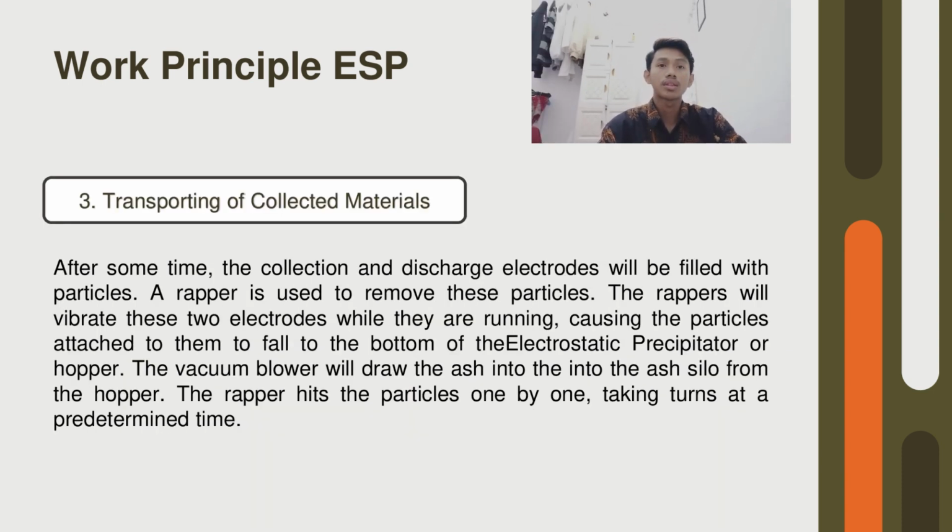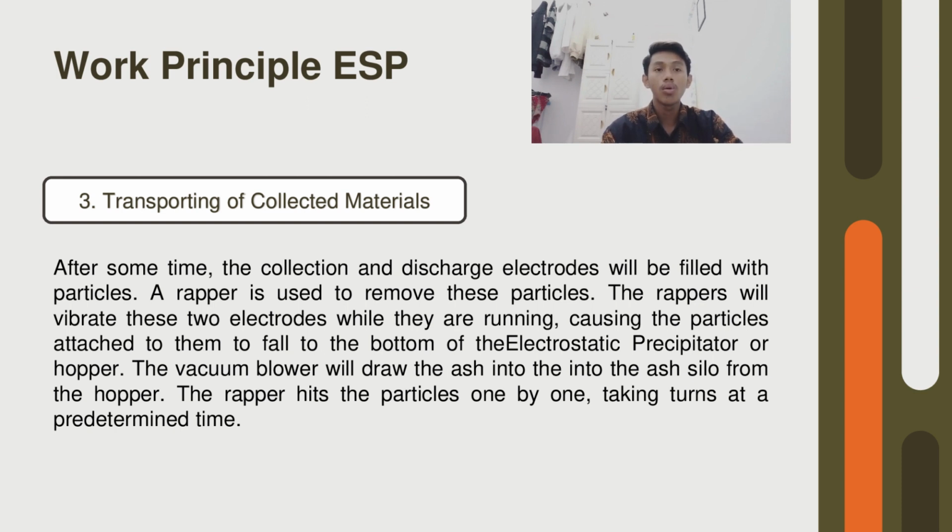3. Transporting of collected material. After some time, the collection and discharge electrodes will be filled with particles. A rapper is used to remove these particles. The rapper will vibrate these two electrodes while they are running, causing the particles attached to them to fall to the bottom of the electrostatic precipitator, or hopper.